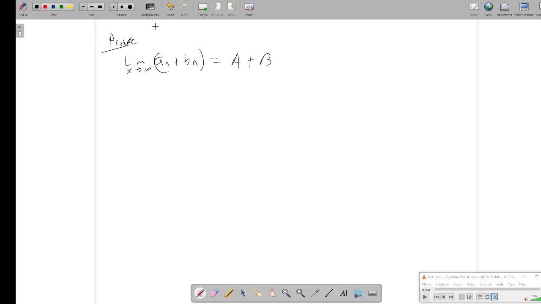And we know our given is: if the limit as n goes to infinity of a sub n equals a, and the limit as n goes to infinity of b sub n equals b. That's our given information.